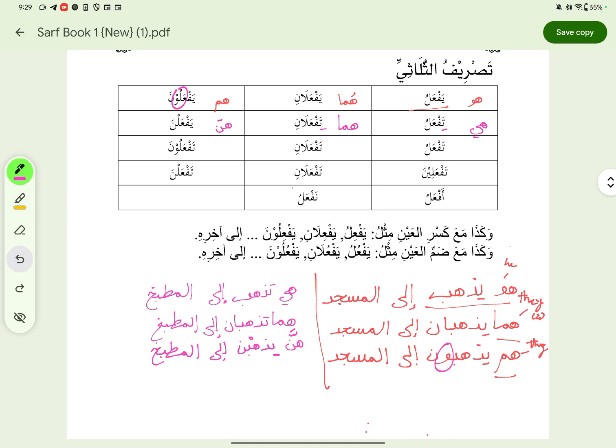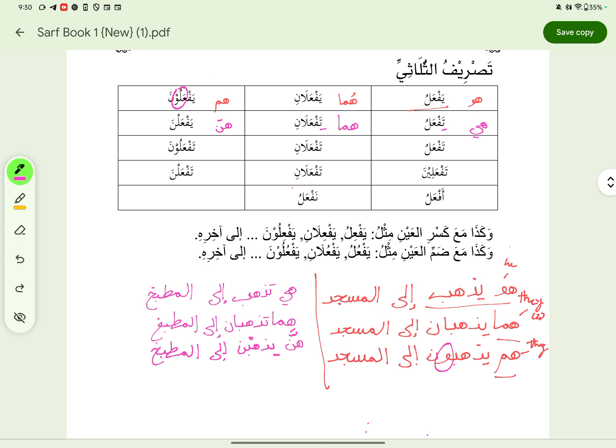As you could see, if I were to use the word kataba, we have yaf'alu, it will be yaktubu. For yaf'alani, it will be yaktubani.